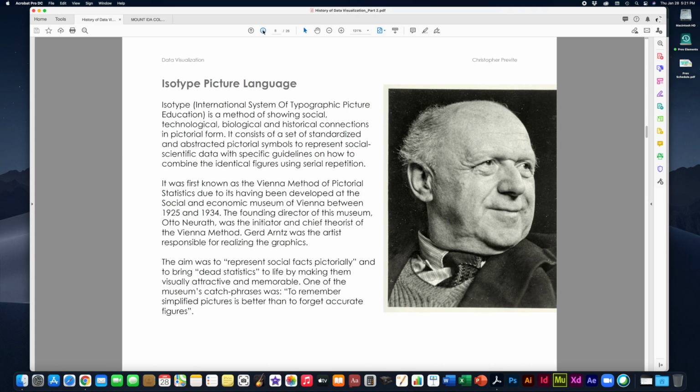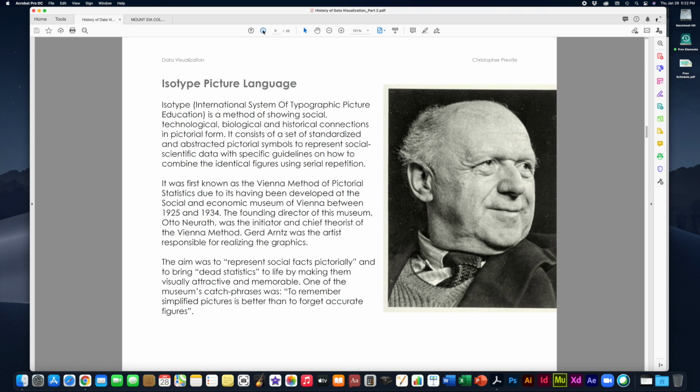So it was a way in which to use pictograms, and pictograms, of course, date all the way back to prehistoric times when early man was using basic shapes to communicate on cave walls. And it standardized the representation of these pictograms, not only for easy understanding and quick readability, but also to have them represent a numeric and data-based value, so that the outline or the pictogram of one person could represent 100 people.